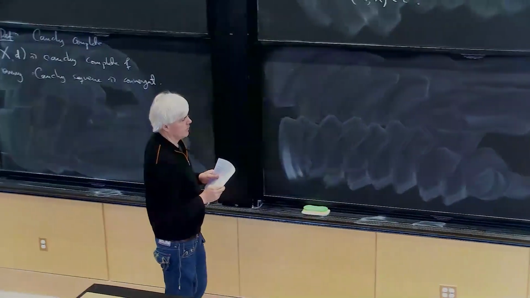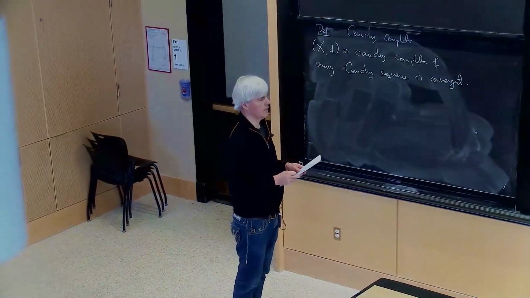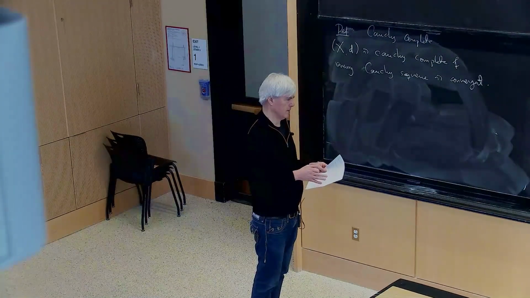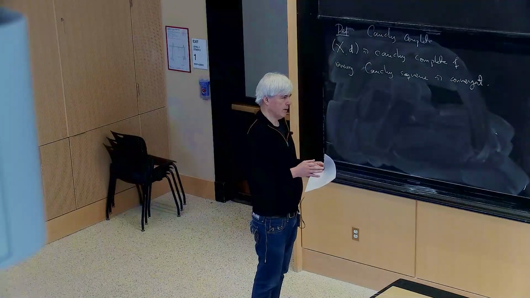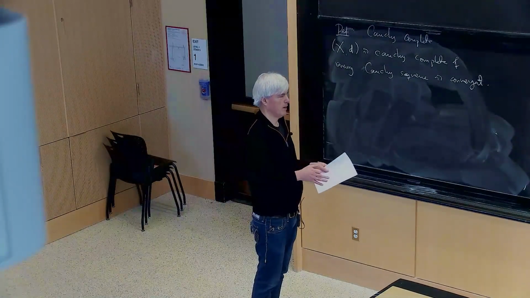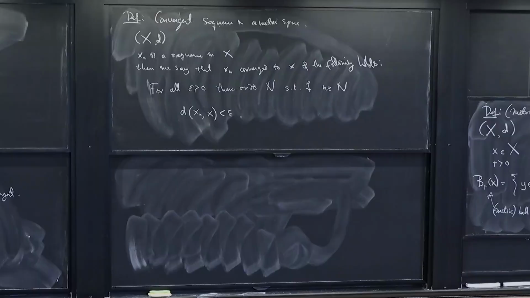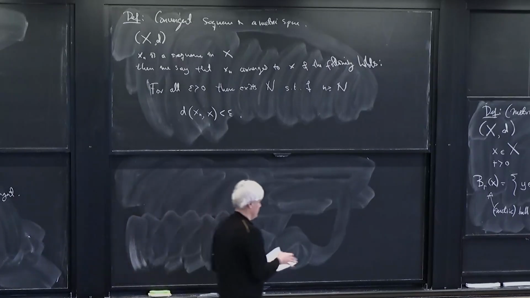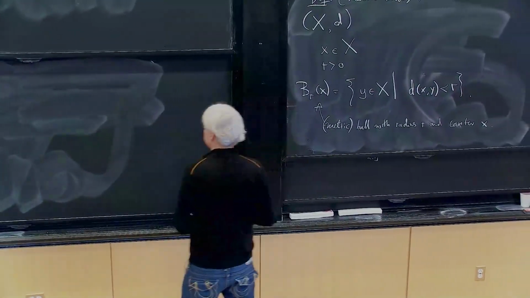When I'm talking about Euclidean space, I'm thinking mostly about the line, where X is R, or the plane where X is R2, or where X is R3. In any of those three cases, the distance is the Euclidean distance we talked about.